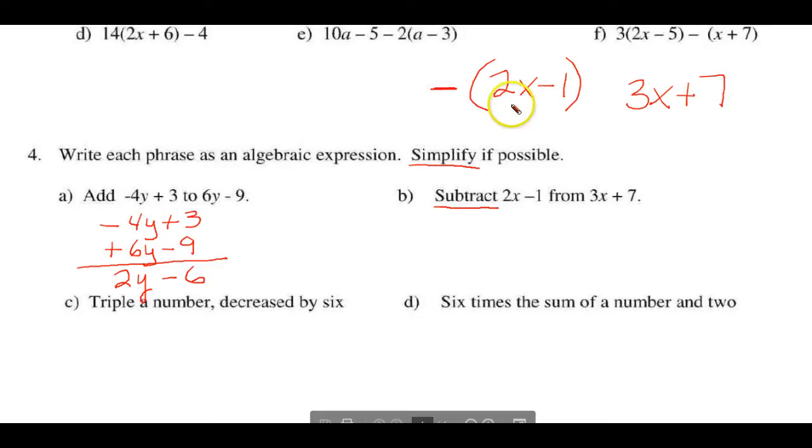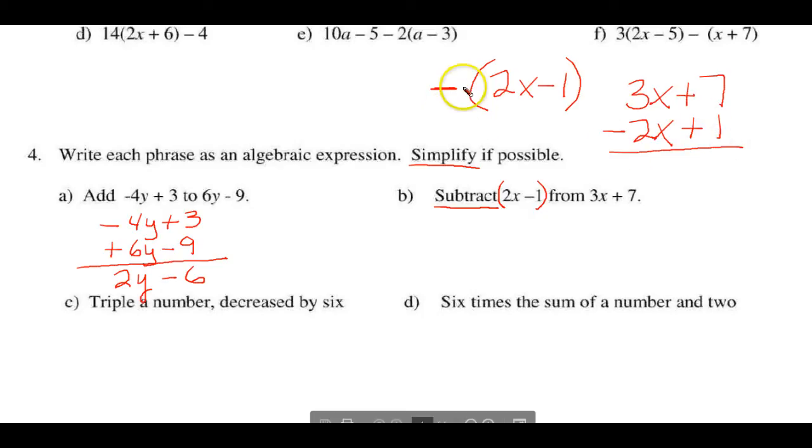Now when I subtract this, what happens here? Remember, this is in a sense in a parenthesis because that's what you want to do. Well, what we do when it says subtract is we change each of these signs. So this 2x now becomes a negative 2x, and this negative 1 becomes a positive 1.